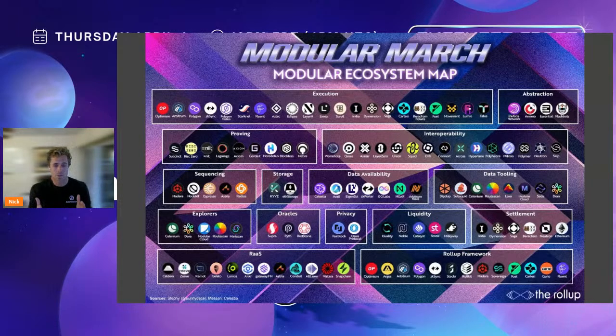And what's so cool about the modular stack is that you can now identify a specific problem in the infrastructure that you want to tackle, and you can just go and try to solve that problem. You can have your own opinion about what's the right solution there, right? And the other thing is that there is no right solution. It's all subjective.